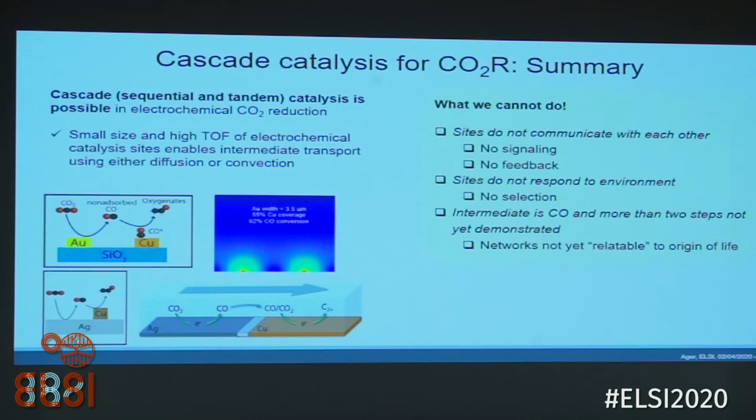I'm working on more than that, but we just have CO here. So I'd say that our networks are not really as relatable to the origin of life as we'd like them to be. So I'll just finish with some thoughts on how we might become more relatable, and really see if some or all of these could be demonstrated in the laboratory by myself or others in the room.